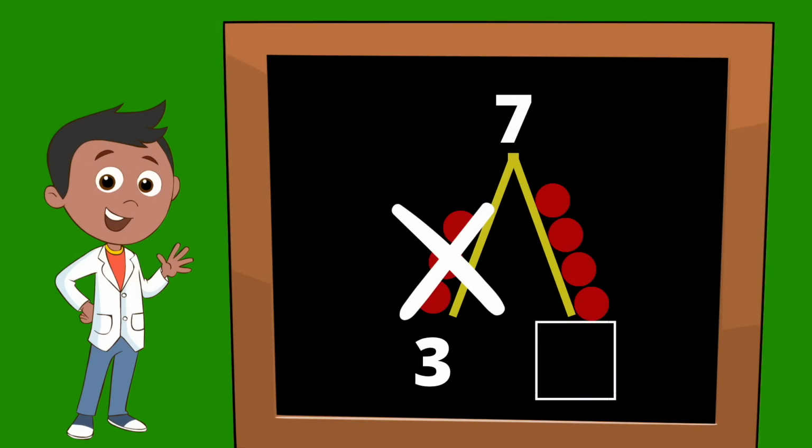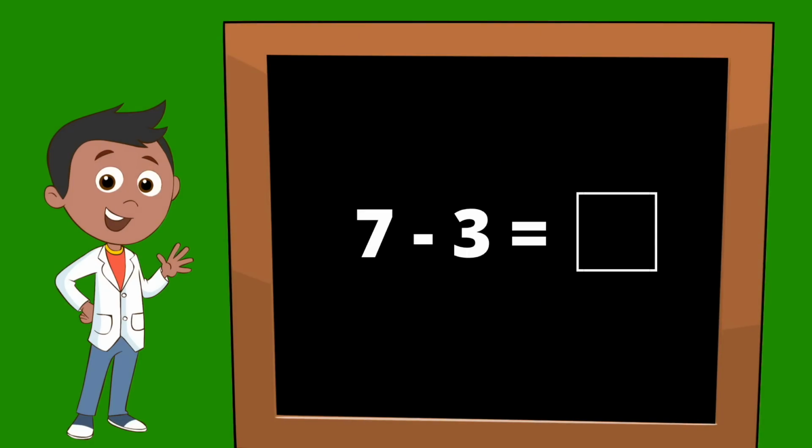Next, we need to count the number of circles left on the right side of our Math Mountain. 1, 2, 3, 4. There are 4 circles left on the right side of our Math Mountain. That means that our mystery number that goes in our square is the number 4. So our equation 7 minus 3 equals 4.